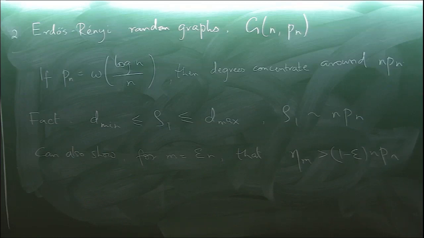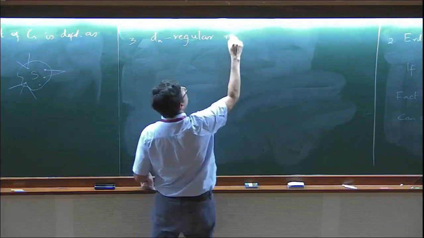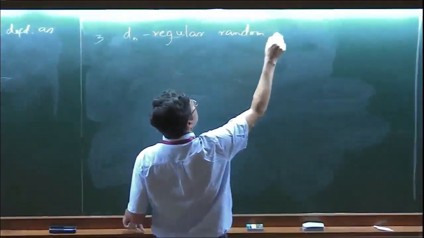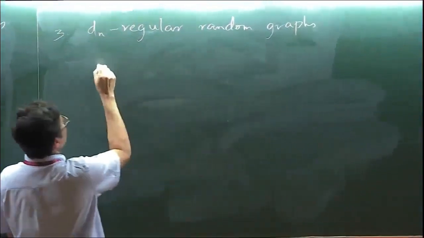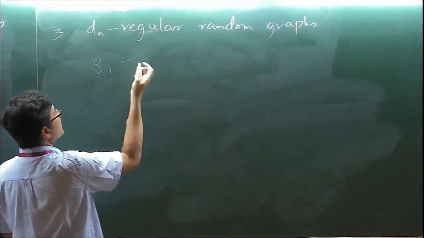And the same thing also happens for d-regular random graphs. So let's say d_n-regular random graphs. So rho 1 is always going to be d_n.